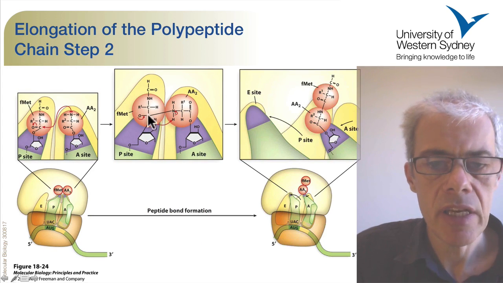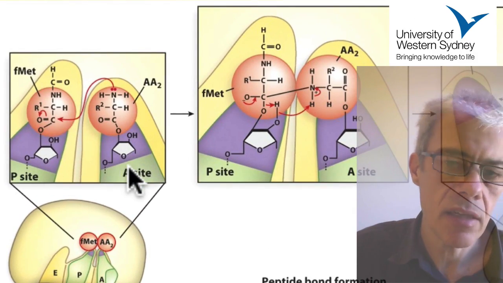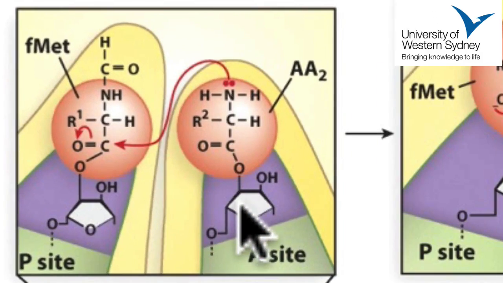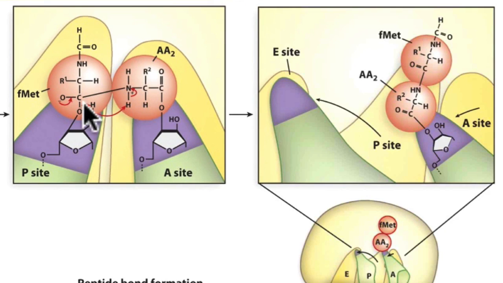So here are the residues we were looking at in the P site and the A site. The peptide bond forms through nucleophilic attack from this amino group here to the carbonyl group here. And then you have the formation of a peptide bond catalyzed by the RNA of the large subunit.